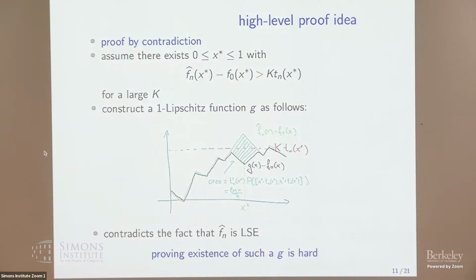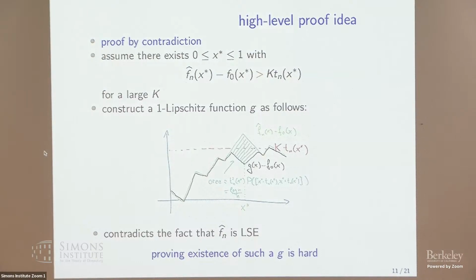So somewhere it has to go down again, and that is exactly the moment when you can put the perturbation g, making sure that g is still in the function space Lipschitz 1. This is a very difficult construction. Actually, it's harder than what I plotted here, because we couldn't manage to get the perturbation at x star, but there's a point close to x star where you can put your perturbation.